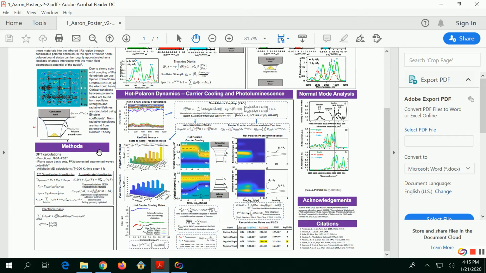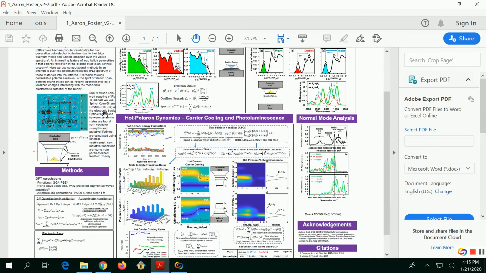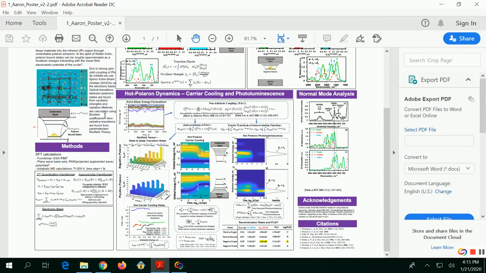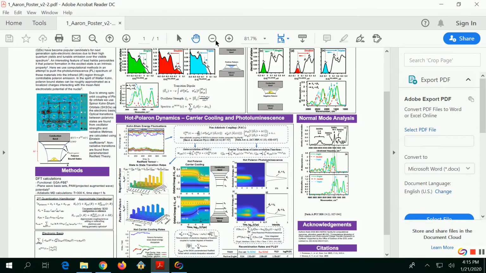Mm-hmm. I guess I can try and play with that then. But it also might be easier when you blow it up to this size. The image bigger. But yeah.